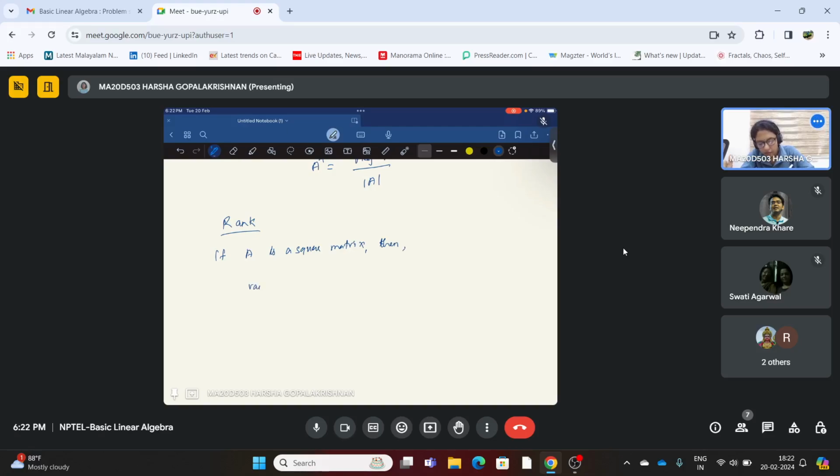Then rank of A equals the maximum of R such that there exists an R by R submatrix with non-zero determinant.